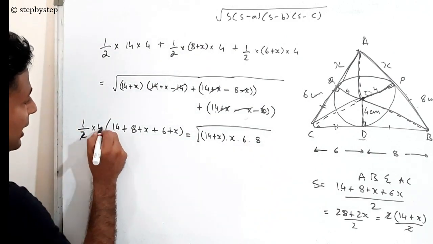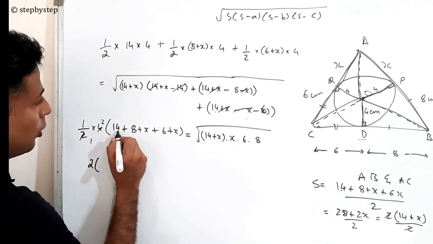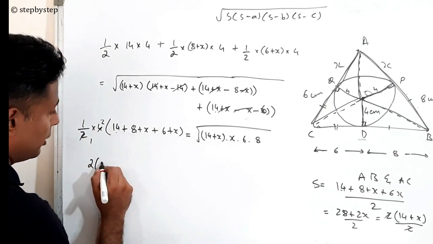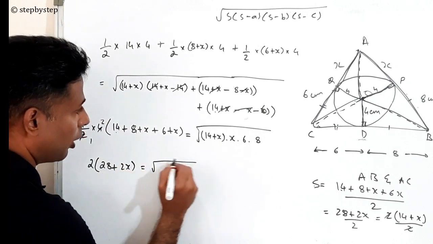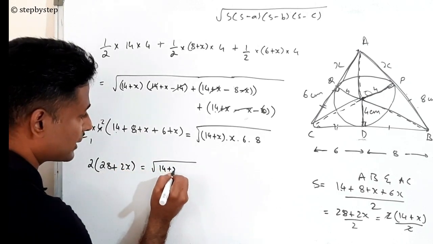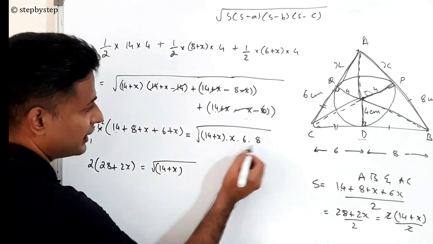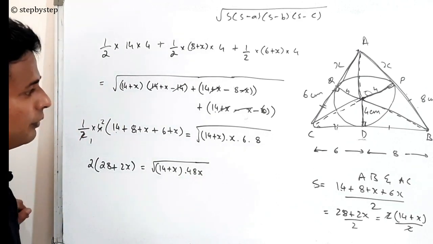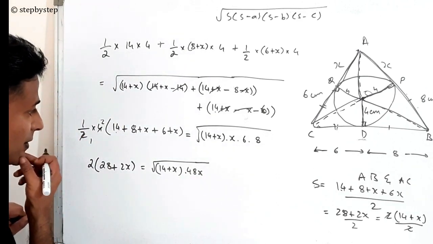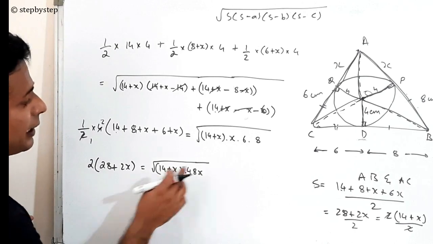Now simplifying, I get 2 into (14 plus 6 plus 8), that is 28 plus 2x, equal to root of (14 plus x) into 6 into 8, that is 48, into x. So this is what we have got till now. Now I want to remove the square root.